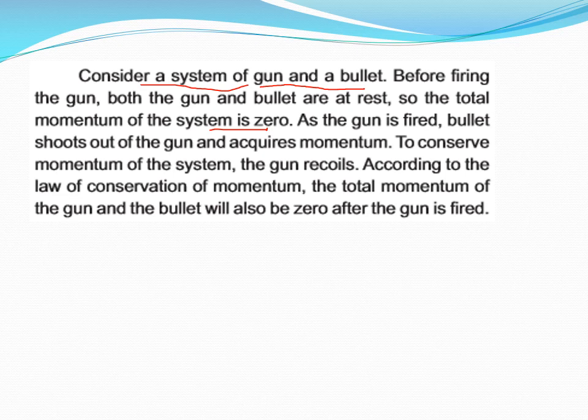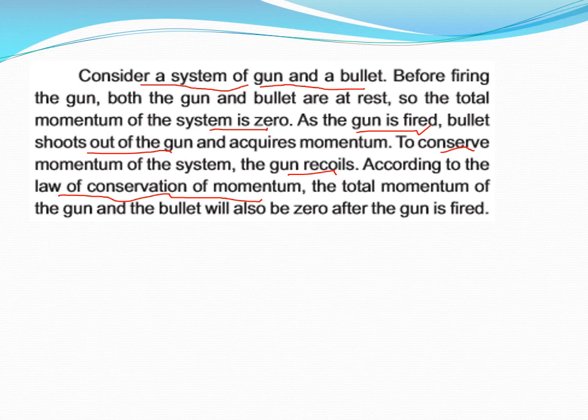Now, what's the next step? As the gun is fired, the bullet shoots out of the gun and acquires momentum because now it's moving. To conserve the momentum of the system, the gun recoils. According to the law of conservation of momentum, the total momentum of the gun and the bullet will also be zero after the gun is fired, because it is the demand of the law that the momentum before an event should be equal to the momentum after it.